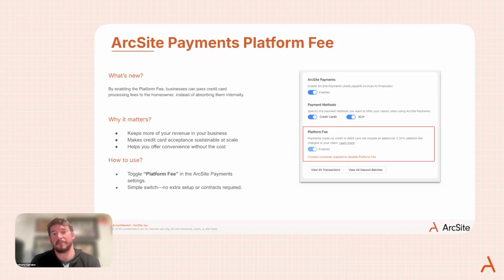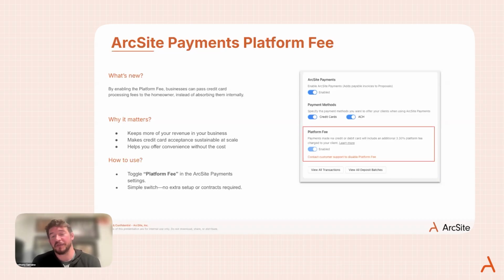So is that credit card fee, whether it's 3.3, 2.9, whatever it might be. For our case, it's 3.3. We have built a setting now that allows you to pass that fee onto the client. So it'll attach a new line item essentially to your proposal, which will be called a platform fee. So it takes that 3.3%, puts it back on the client, and keeps more money essentially in your pocket at the end of the day.